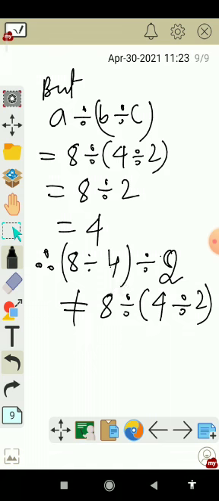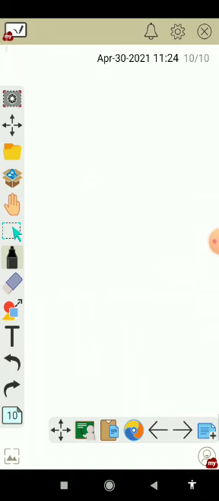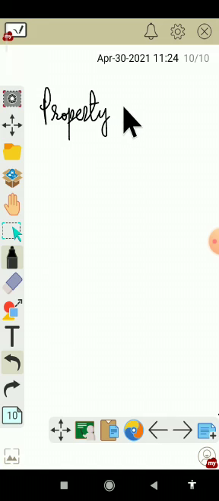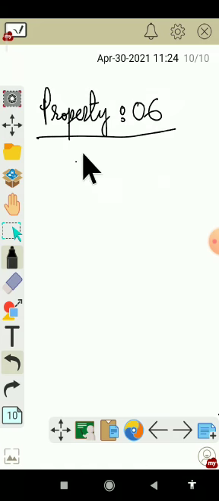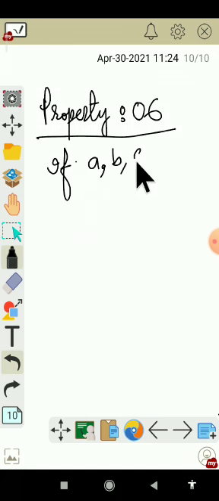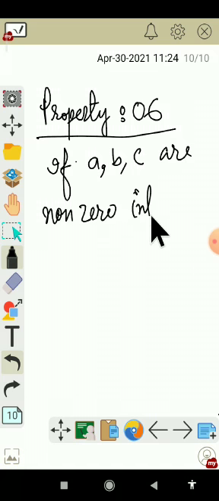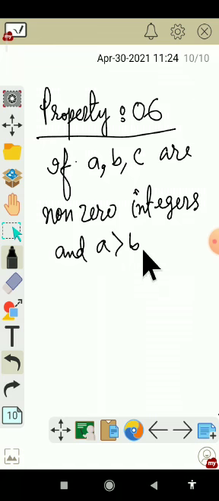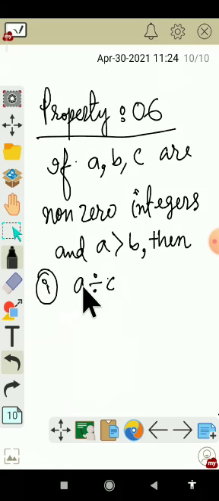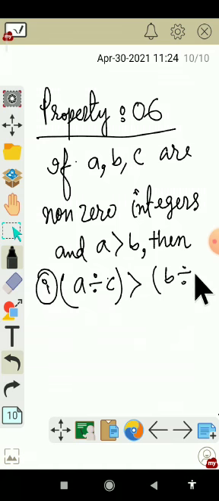So now we will see property 6. If a, b, c are non-zero integers and a greater than b, then a divided by c is greater than b divided by c, if c is a positive integer.